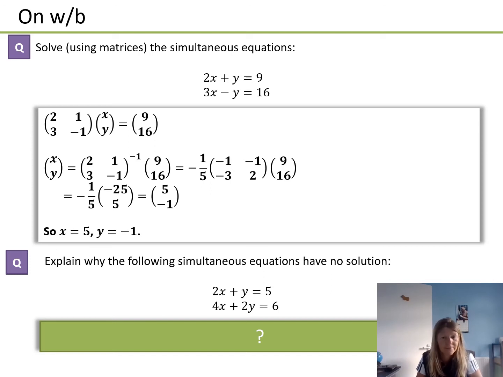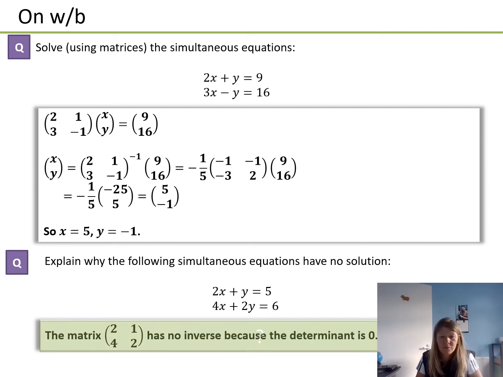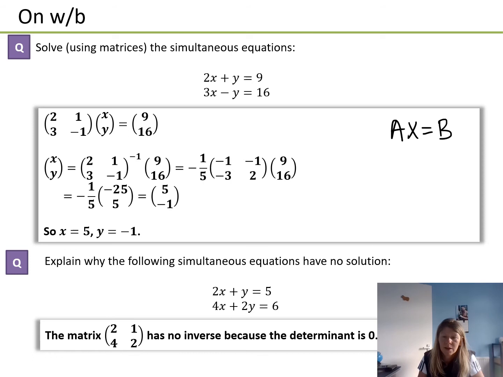Oh dear. Hopefully you mentioned something like the matrix has no inverse because the determinant was 0. If you remember, when we had AX equals B, we wanted to do A inverse A X equals A inverse B to solve it for finding X, didn't we?